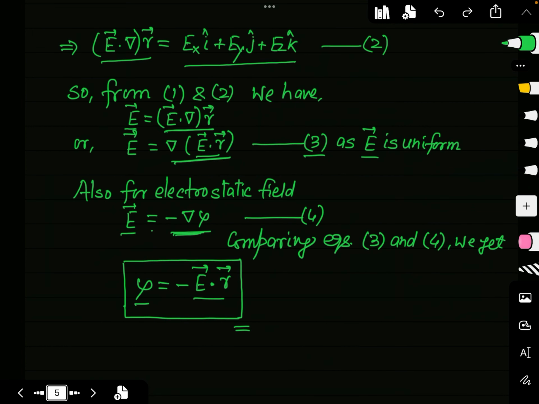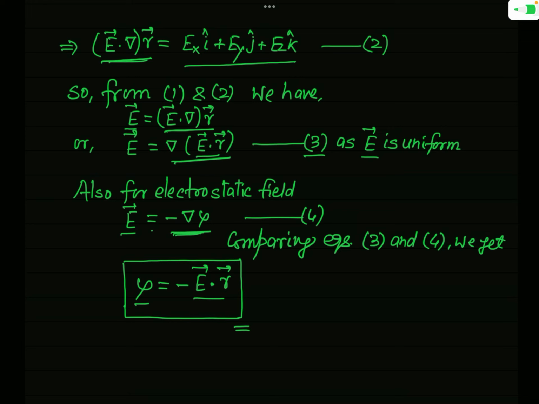You can see that E dot del R is equal to Exi plus Eyj plus Ezk, and therefore E dot del R is equal to E. See this result. What is the difference? Only that there is vector B instead of vector E.